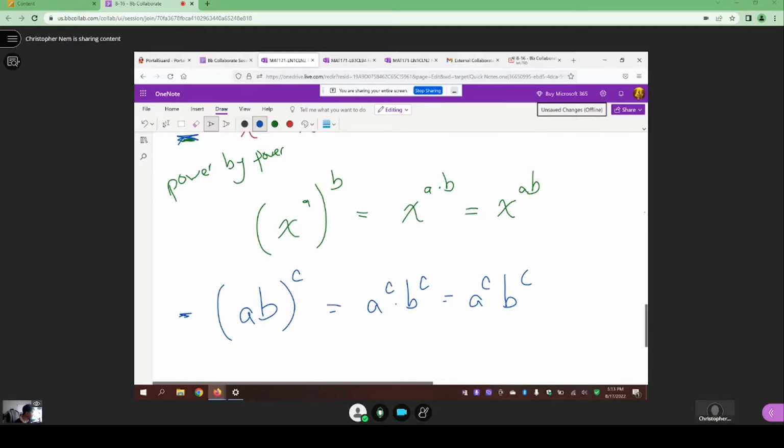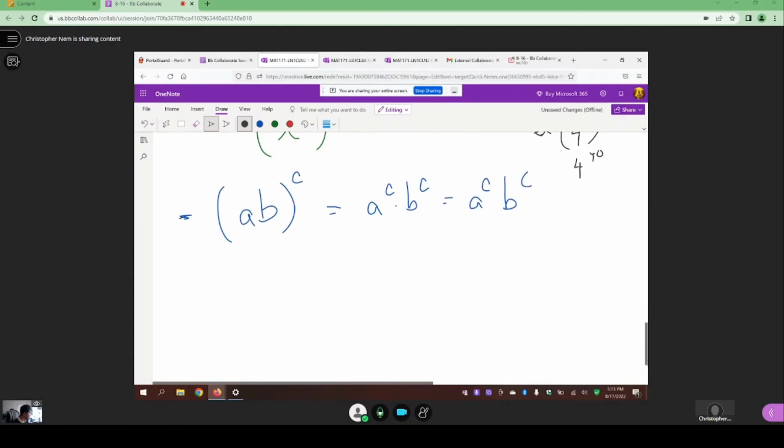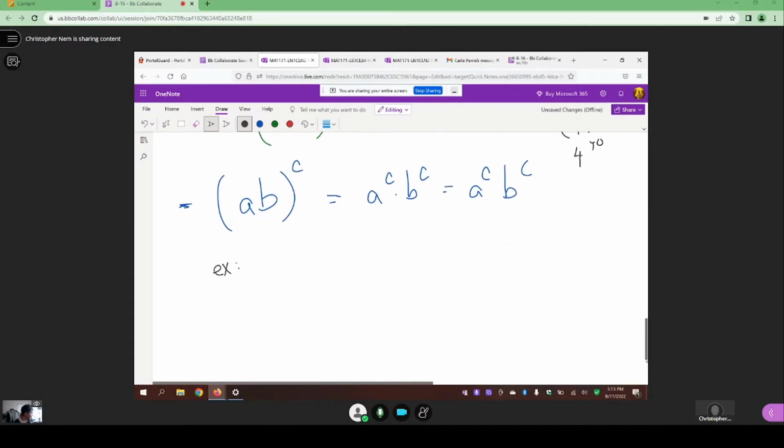And I apologize, I didn't give an example for the previous one, but let's just do a quick example. Let's do 4 raised to the second power, raised to the 5th. That's just 4 raised to the 10th power. Now for this one right here, this is a good one. Let's suppose I have as an example 3x cubed raised to the 4th power.